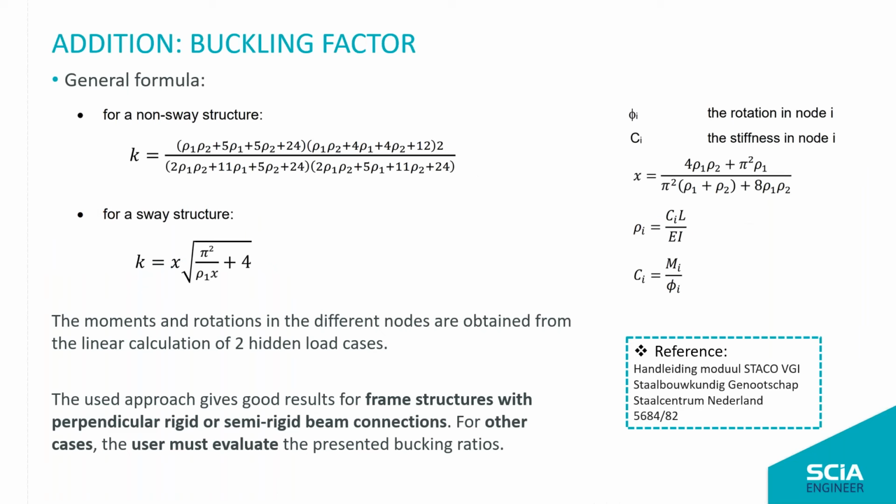So, the first addition that should be known by all of you is the buckling factor. The only way to accurately calculate the buckling factor, unfortunately, is by doing a stability calculation. The best way to deal with buckling factors is to not bother with them at all.